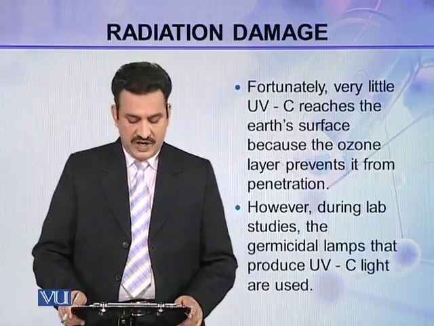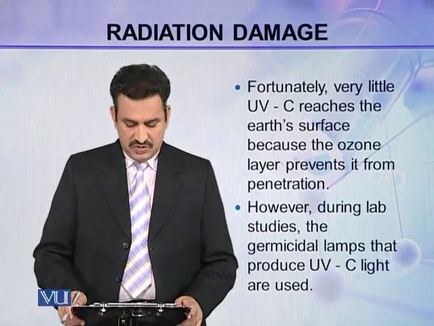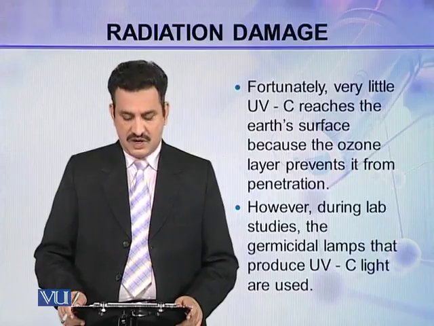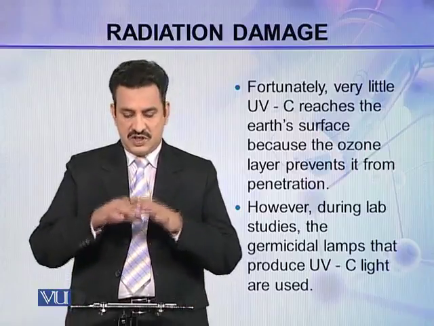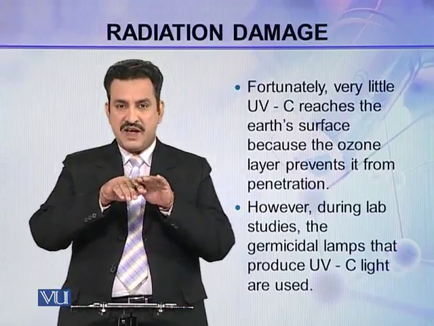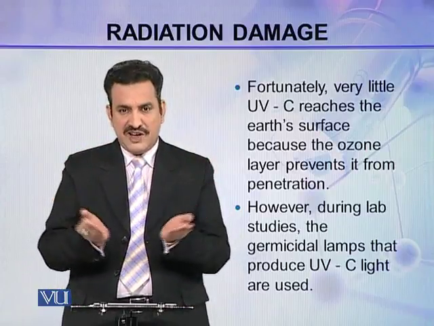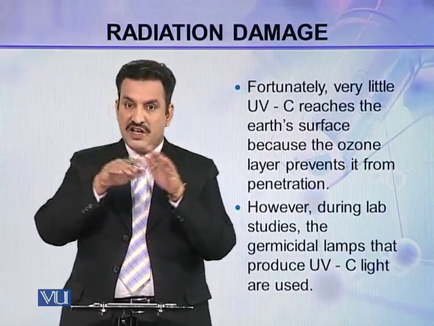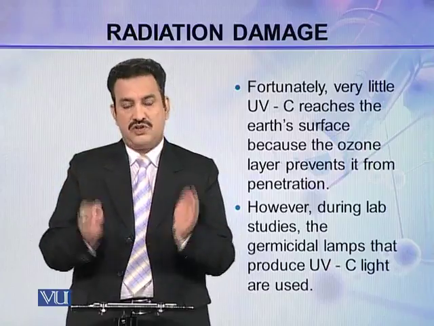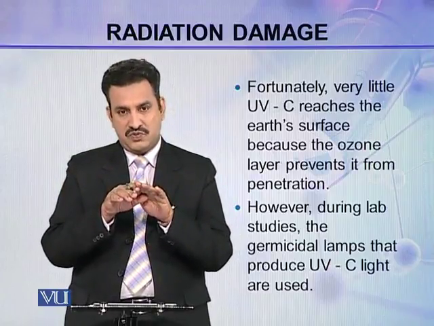Fortunately, very little UVC reaches the Earth's surface because the ozone layer prevents it from penetration. So the Earth is surrounded by a protective ozone layer. This ozone layer is a single intact layer around the Earth's atmosphere.